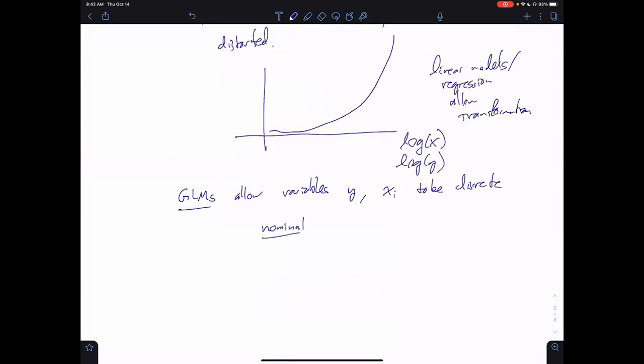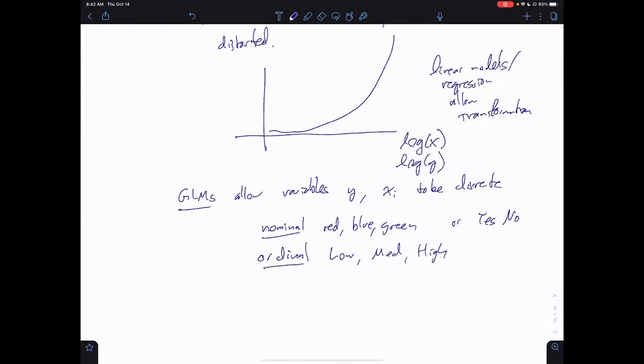There's what's called nominal ones, like my example of color, red, blue, green, right? Or yes, no, binary. It's very important. But then there's also sometimes ordinal, like you have categories, your data has categories, but it's like low, medium, high, right? High is bigger than low.